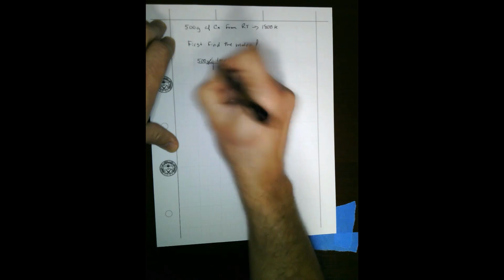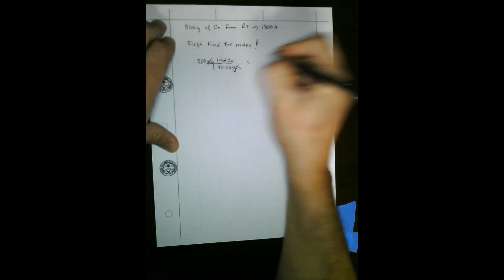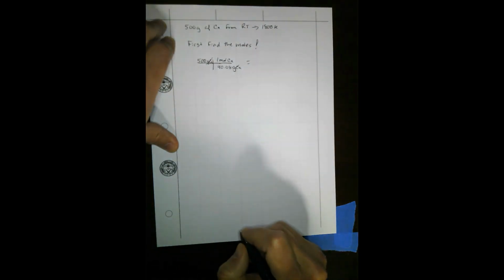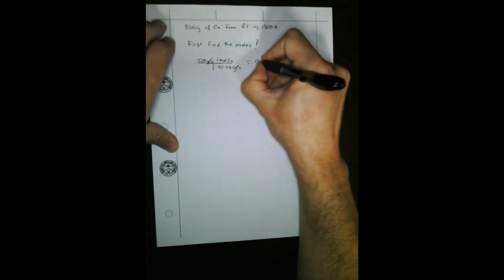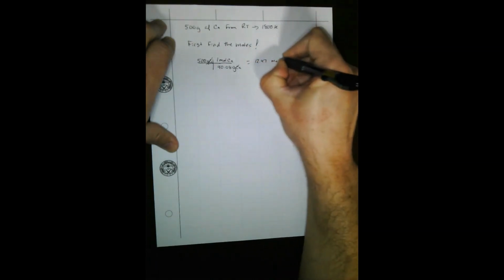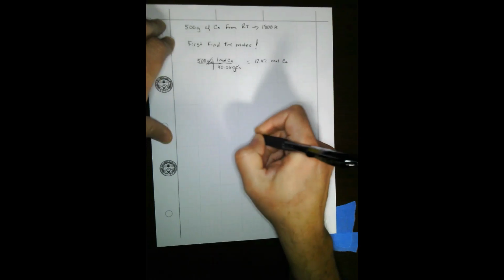So grams of calcium cancels, and we end up with 12.47 moles of calcium.